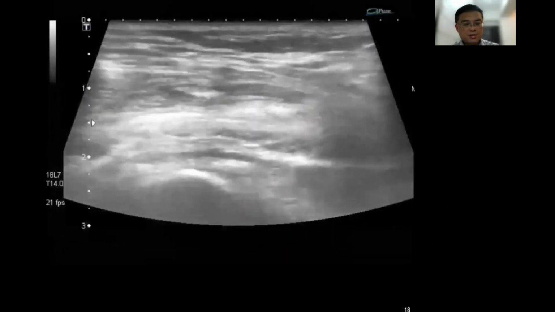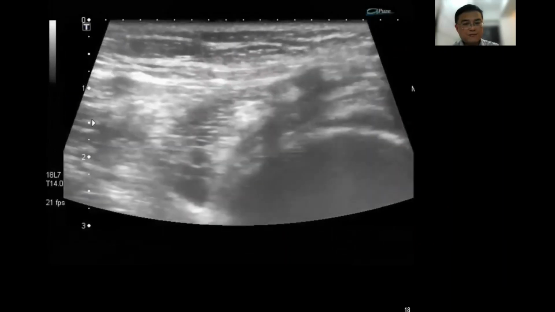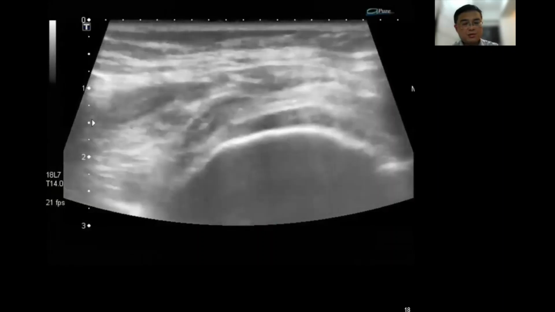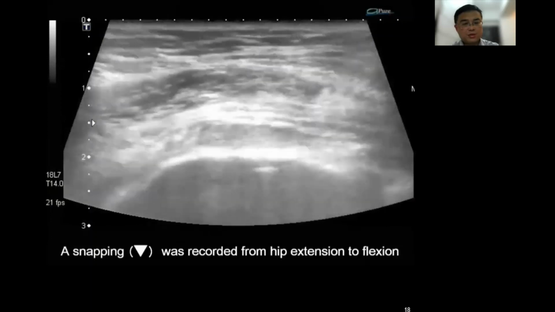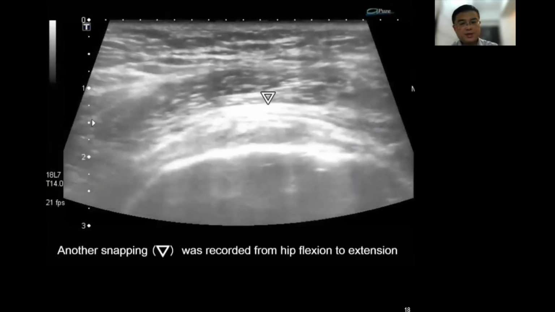So we ask a patient to flex and extend the hip. So we can find an abrupt movement between the gluteus maximus muscle and the underneath gluteus medius tendon.